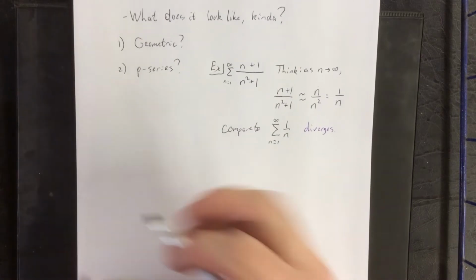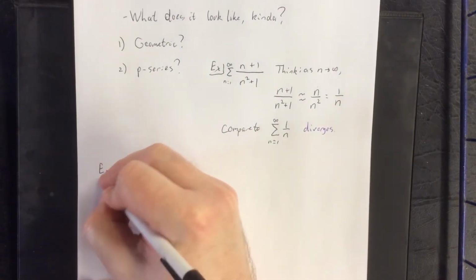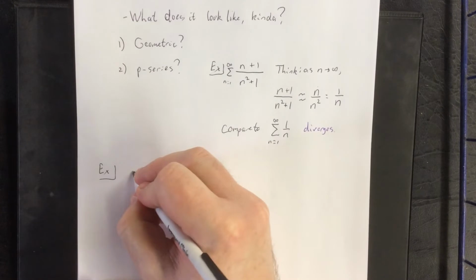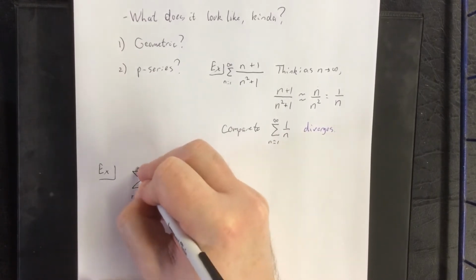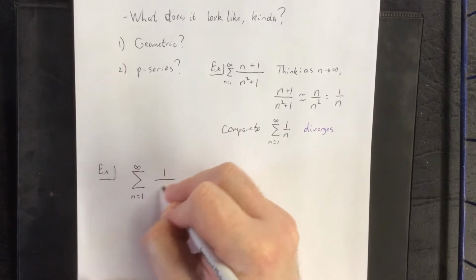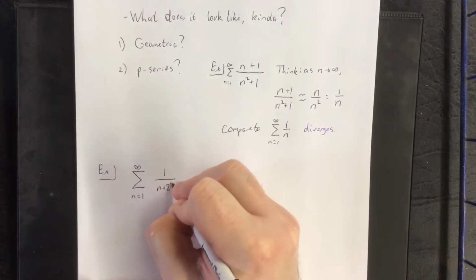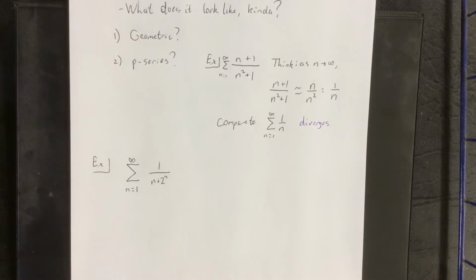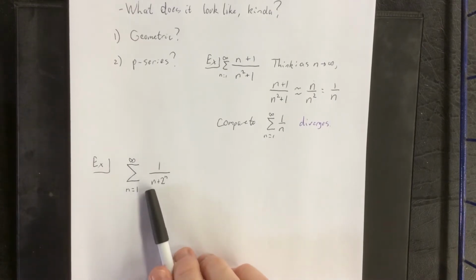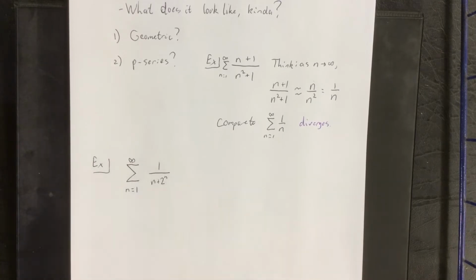To give you an example of one such problem, I would like to consider the sum of n equals 1 to infinity of 1 over n plus 2 to the n. You'll notice that depending on which of these terms you choose to ignore, this could potentially look like the harmonic series, or it could potentially look like a geometric series.